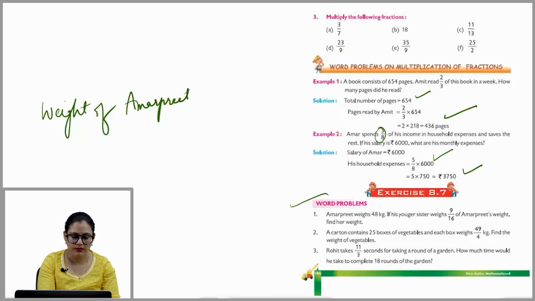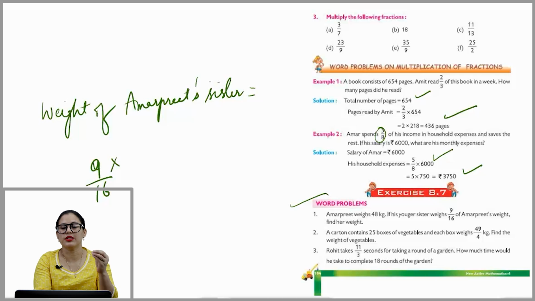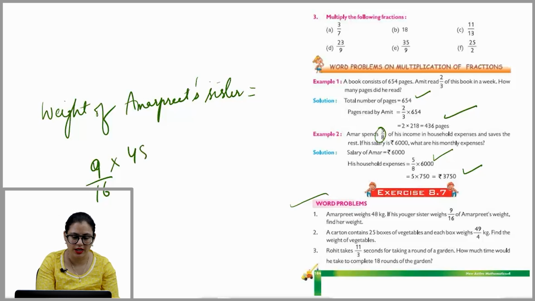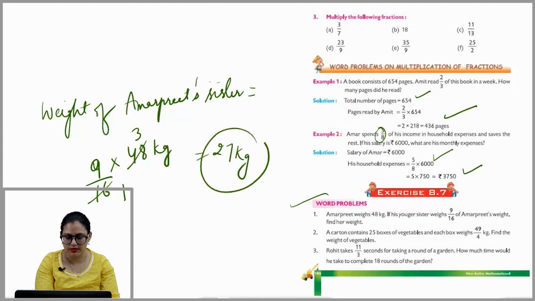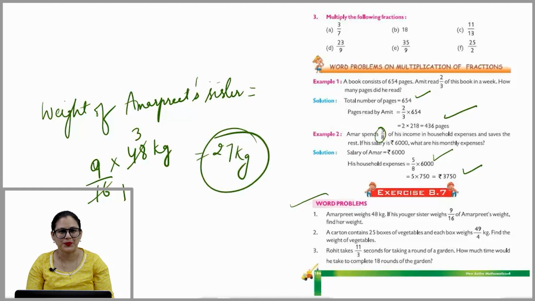Amarpreet's sister is 9 by 16 of Amarpreet's weight, that is 48 kg. See, 16 ones are 16, 16 threes are 48. So 9 threes are 27. So the weight of Amarpreet's sister is 27 kg.